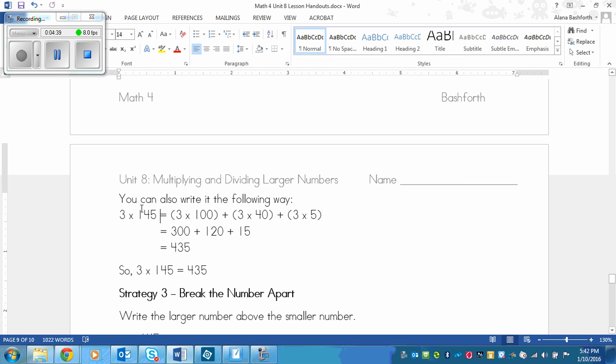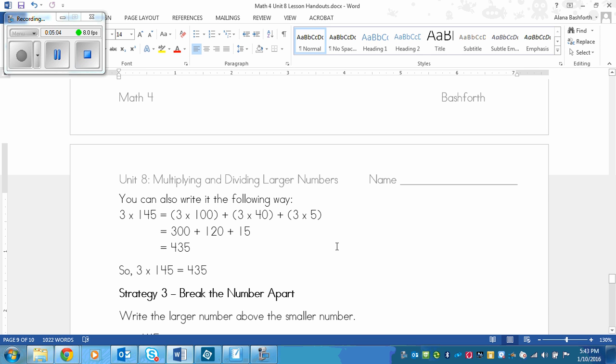So we'll go 3 times the 100 plus 3 times the 40 plus 3 times the 5. And you can see that here. There's our 300 plus 120 plus 15, and that equals 435. So again, 3 times 145 is 435.